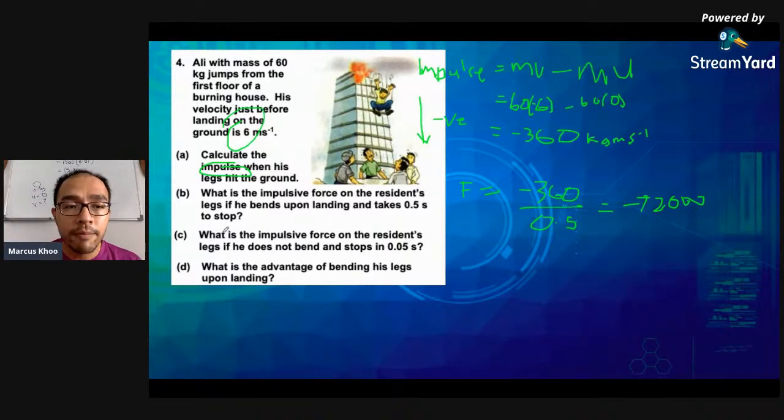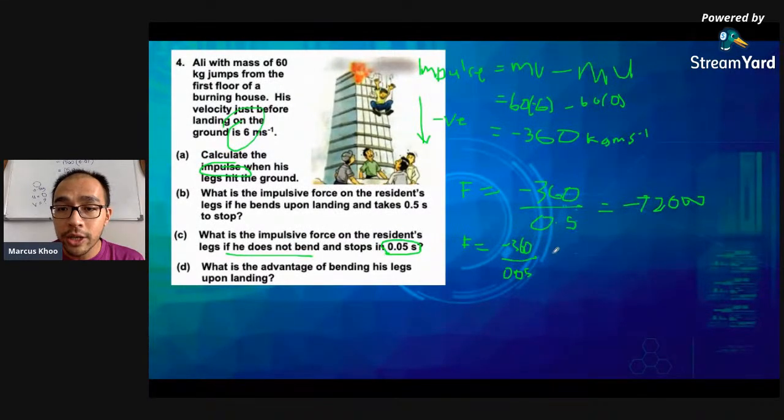Now, what is the impulsive force on the resident's legs if he does not bend? Because he's not bending, his time of impact is going to be much shorter. He's going to land and be stable much faster. Let's say 0.05. F equals negative 360 divided by 0.05.